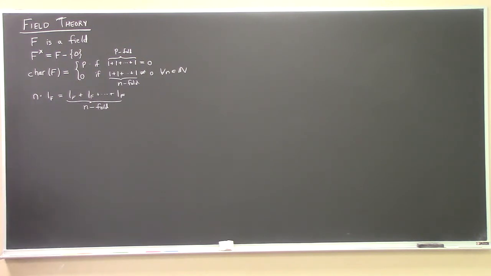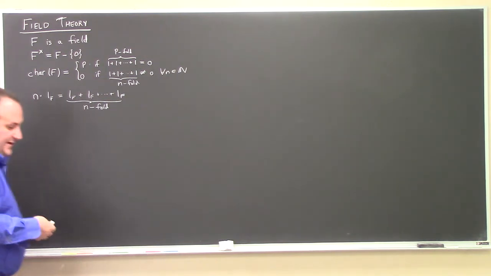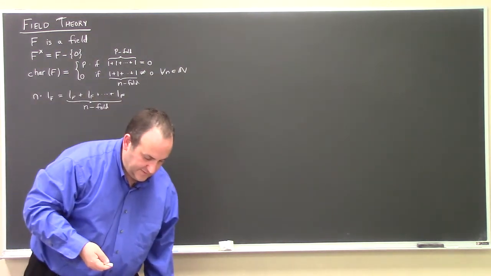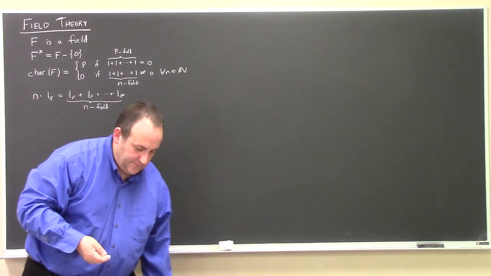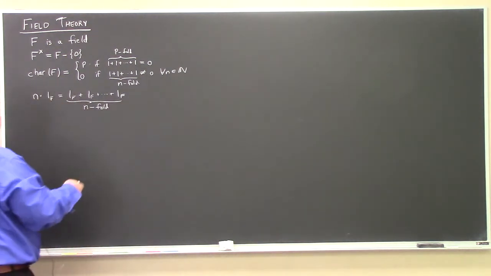If you have a negative integer, you can define n times 1 as adding the additive inverse of the identity minus n times. We know that stuff.